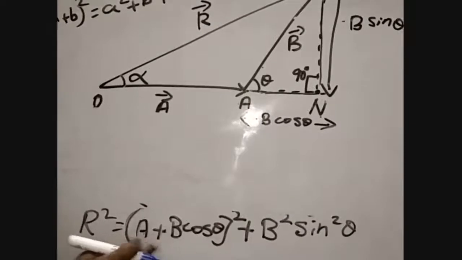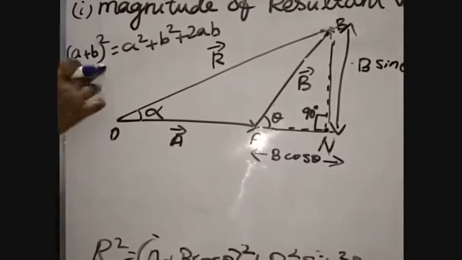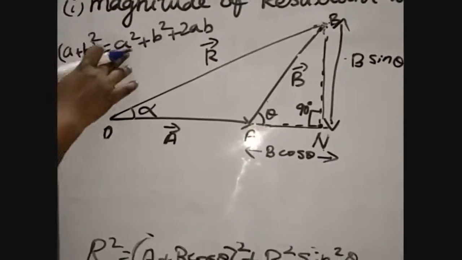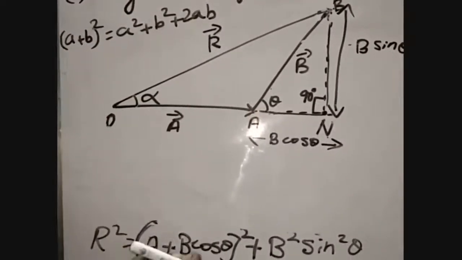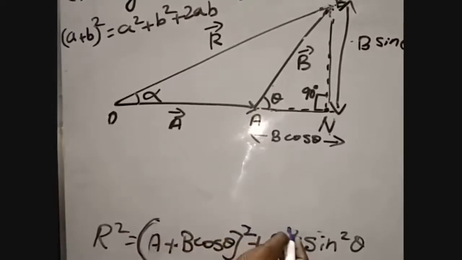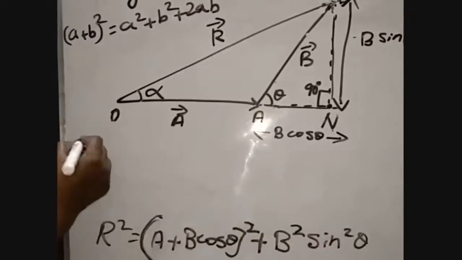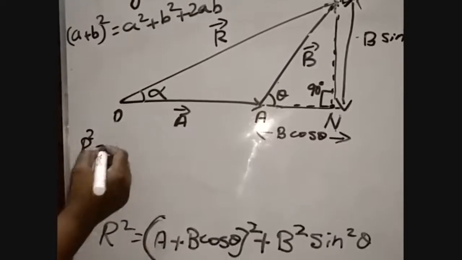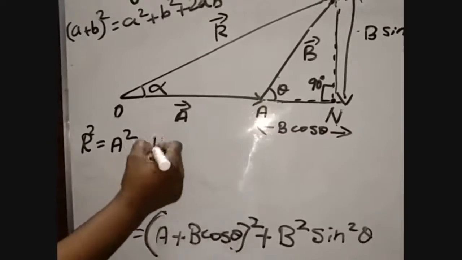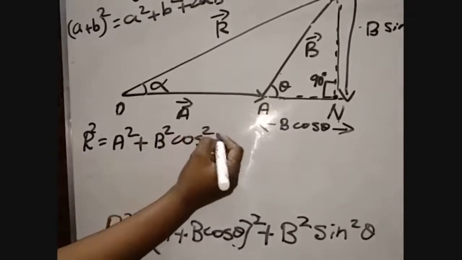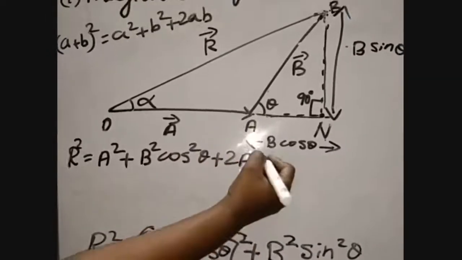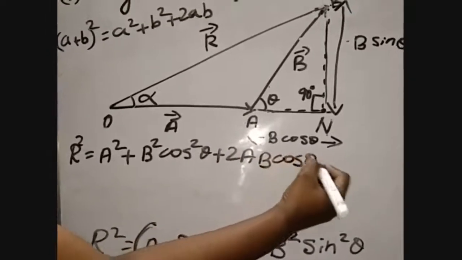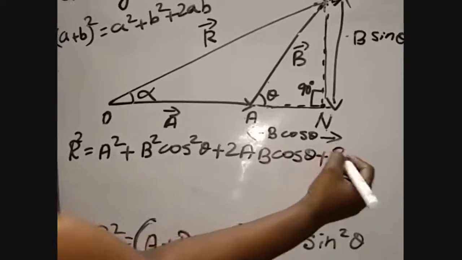Now we are going to expand according to this formula: A plus B the whole square equals A square plus B square plus 2AB. This one is in the form of A plus B the whole square, so apply that formula here. R square equals A square plus this square, so B square cos square theta, plus 2A into B cos theta, plus B square sin square theta.